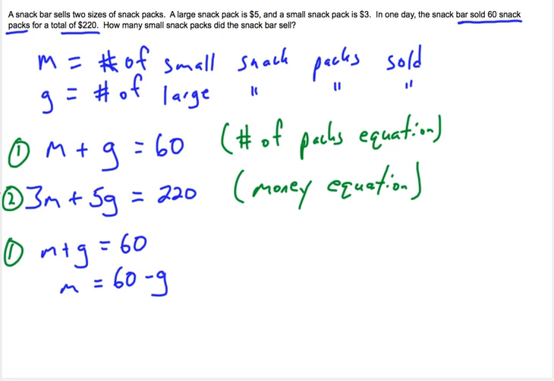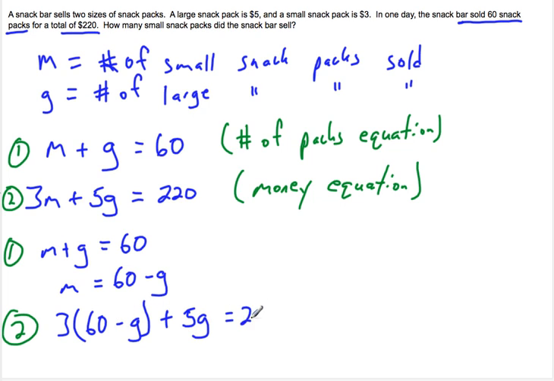Now going to equation 2, I can just replace M with 60 minus G, so we get 3, oops, let's use a different color there. So I get 3 times 60 minus G, right, because 3 times M, here's the M, plus 5G equals 220.